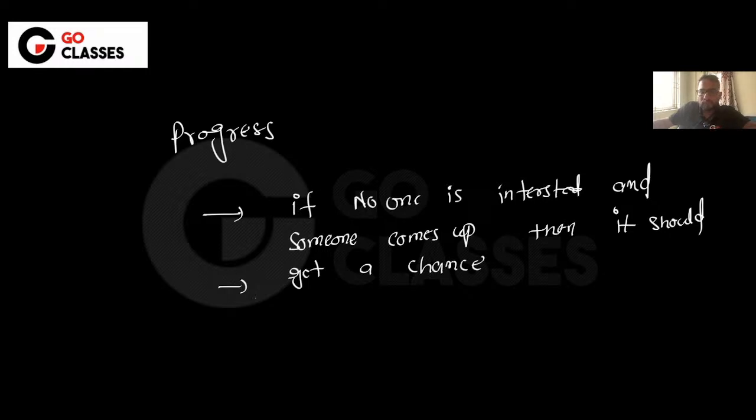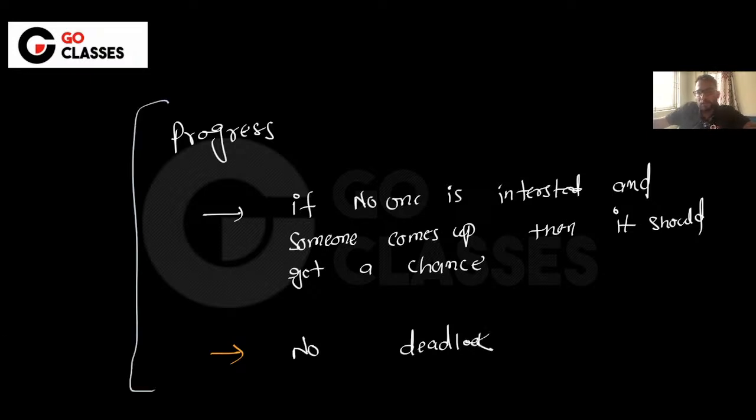This is the first condition in case of progress. The second condition says no deadlock. Just because there is no deadlock, you cannot say there is progress. Maybe this condition fails.